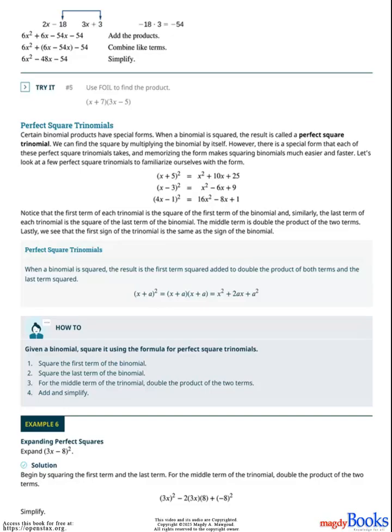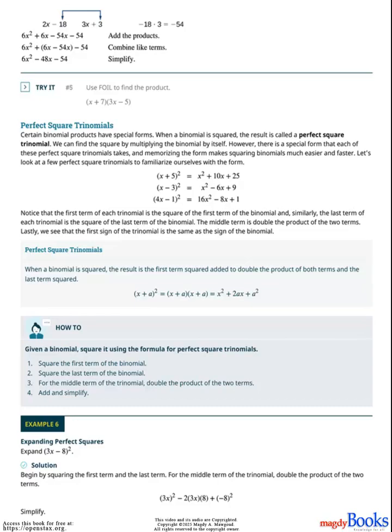Add the products. = 6x² + (6x − 54x) − 54. Combine like terms. = 6x² − 48x − 54. Simplify.